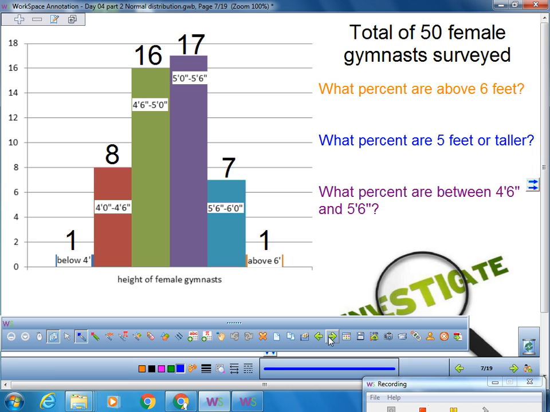Alright, a total of 60 female gymnasts per survey. What percent are above 60? How are you going to figure out how many are above 50?